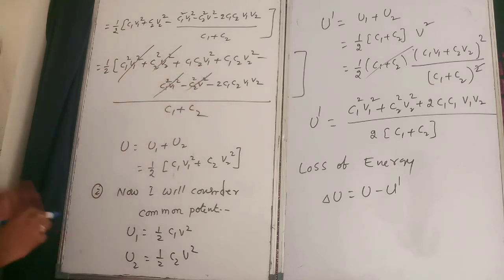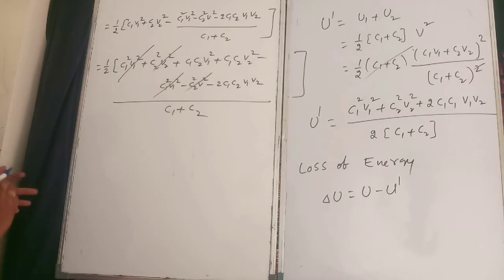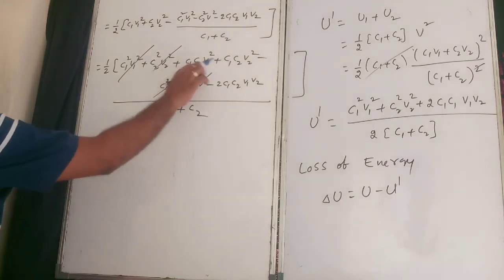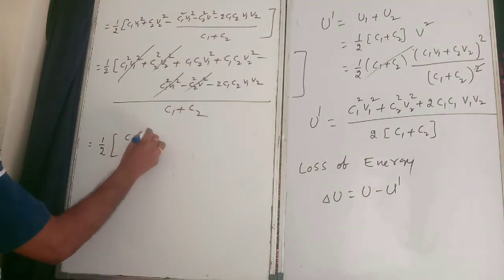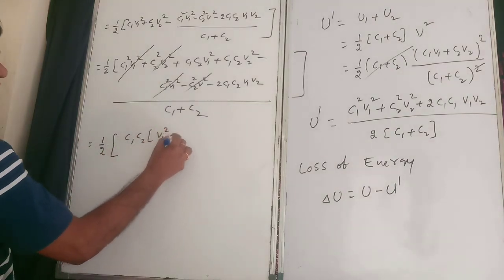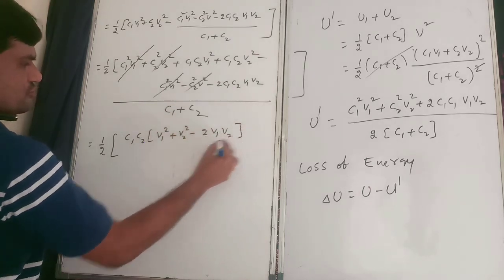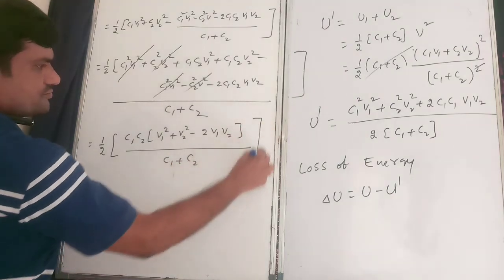So those get cancelled. Therefore 1 by 2 into C1 C2 take common, (V1 square plus V2 square minus 2 V1 V2) divided by C1 plus C2.